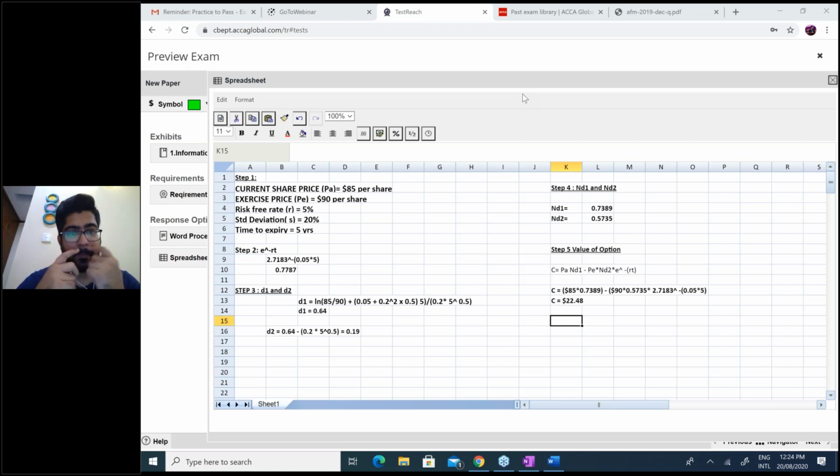Ahmed Junaid, it's the premium. Mohammad Yunus, second step, it's just E minus RT. E value is constant, 2.7193, and you just need to take power minus RT. Yes, Usman, you can use.